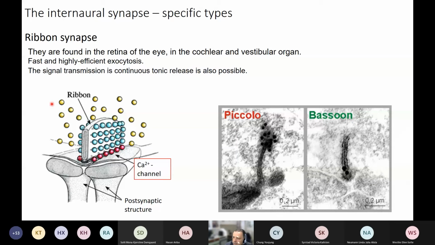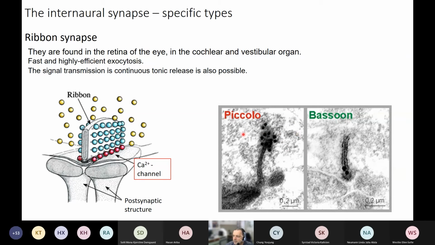And we also know that there is a certain baseline tonic activity. So some neurotransmitters are released continuously, but eventually, if it's needed, then like a blast, it's a very fast expansion, exocytosis taking place here, which is then characteristic for the ribbon synapse.